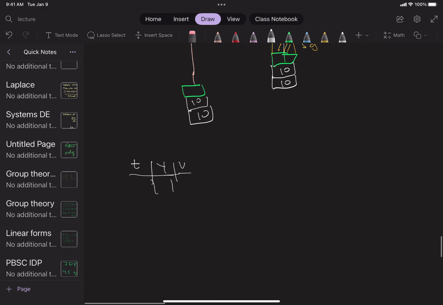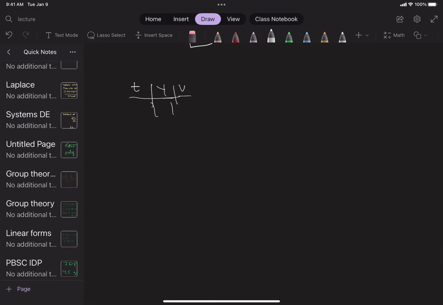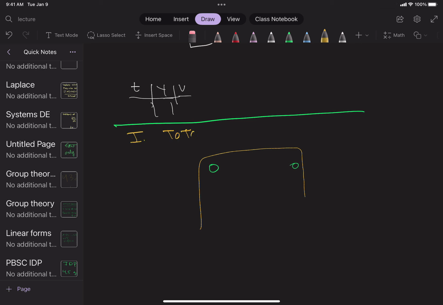Part two is going to be slightly different. In part two, you're going to have the pulley and the two masses, but the total mass is going to remain constant.